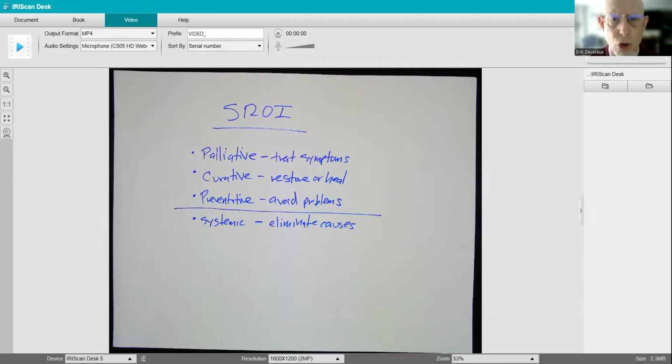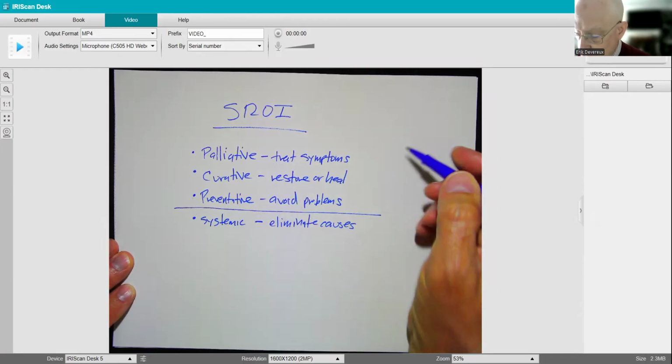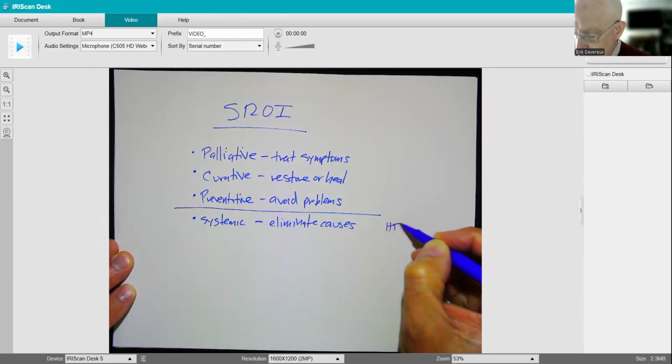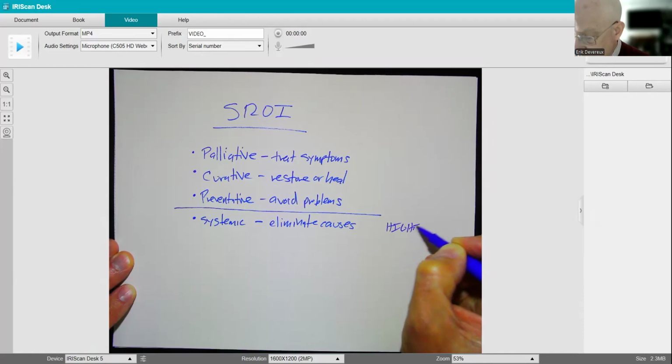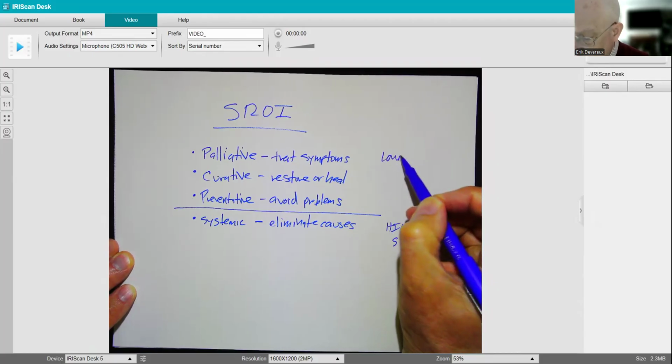Okay, so SROI tends to increase as you get toward systemic change. This has the highest SROI, and this has the lowest SROI.